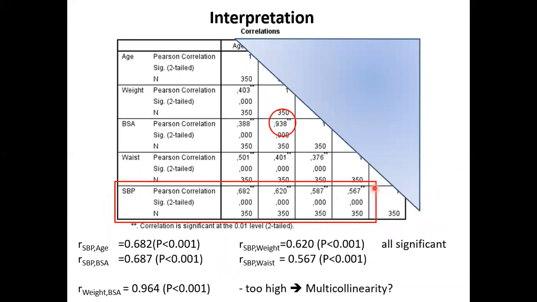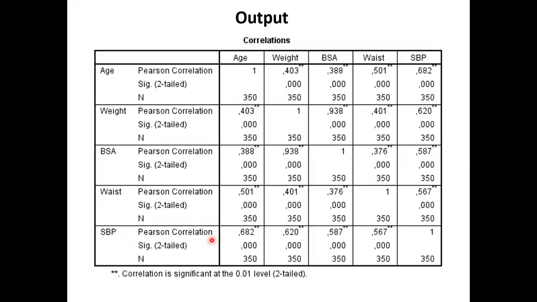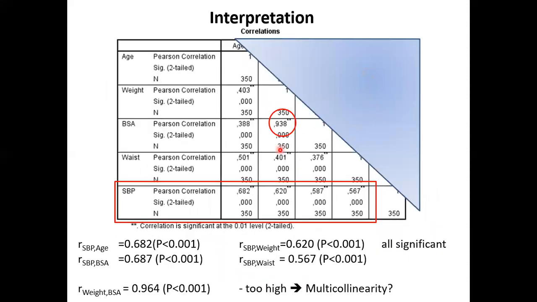So let's block one side. Okay, let's say on this half, again BP. BP versus age. Next one, BP versus weight, body surface area, and waist, right?